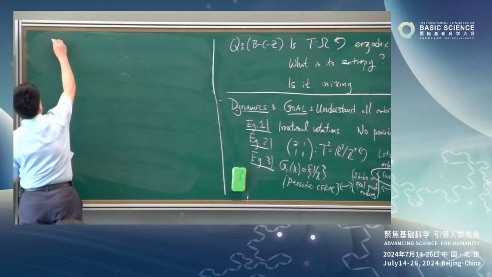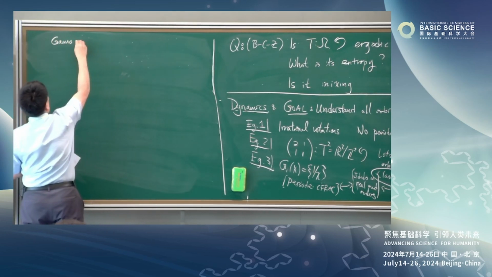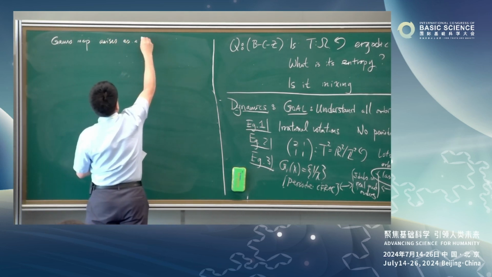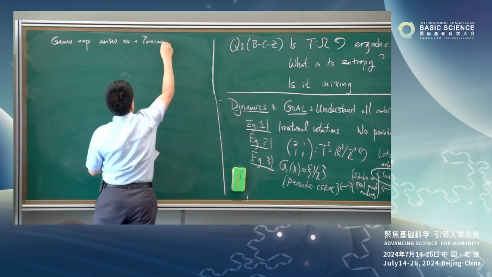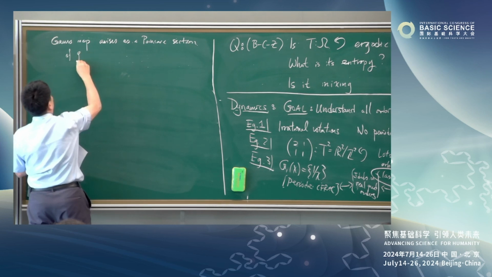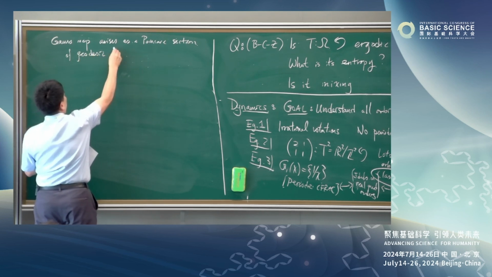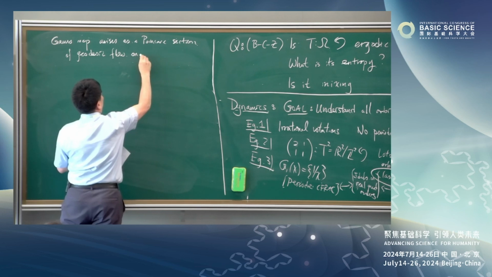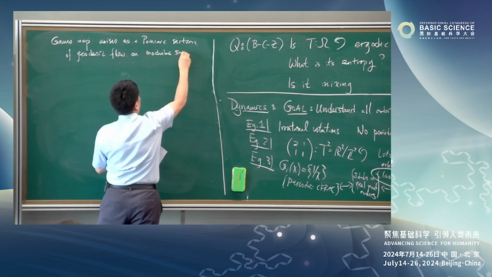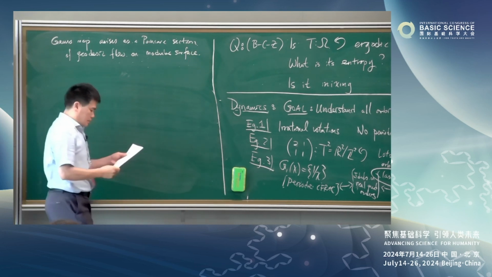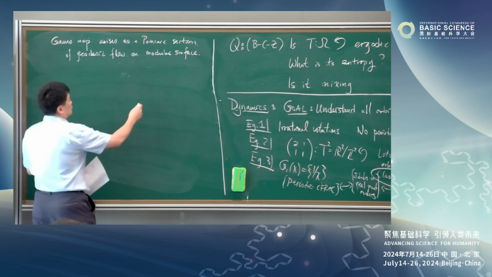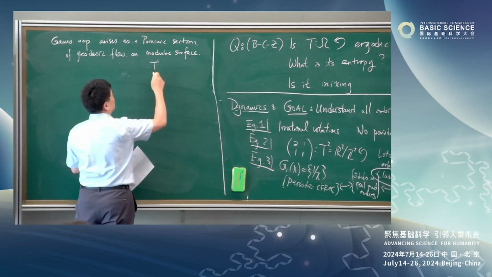So this Gauss map arises as a Poincare section of the geodesic flow on the modular surface. Okay, and in fact, the modular surface is like the unit tangent bundle.